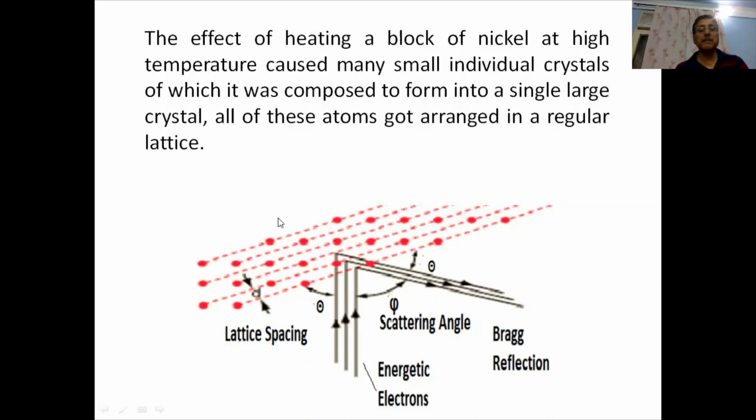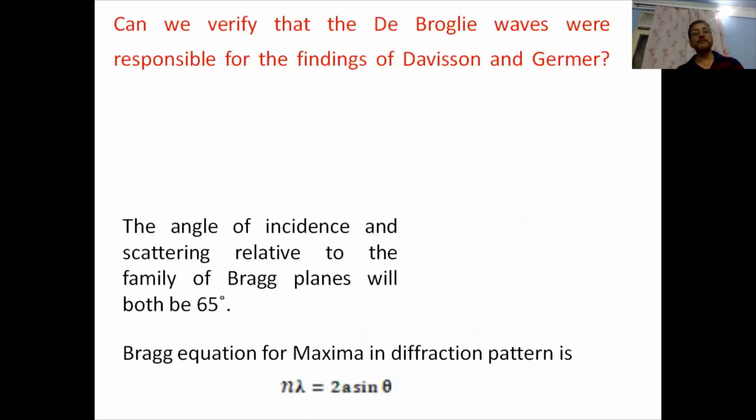So this is the complete picture of how the small individual crystals got into a single large crystal, and all of them got arranged in a regular lattice. So we have the Bragg reflection now of the electron beam from the nickel target.